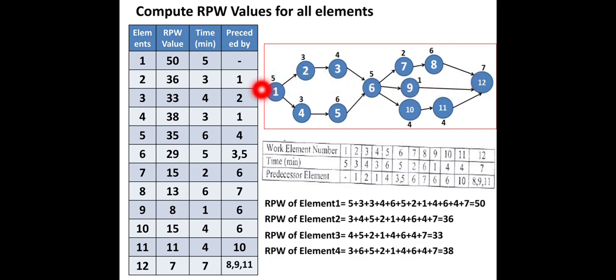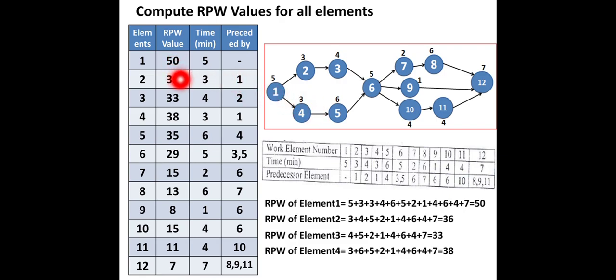So from start to end, wherever the arrow flows, all those element times have to be considered to calculate the RPW value for that particular element. Element number 1 has all these arrows to take it to 12. That's why I have written the RPW of element number 1 as 5 plus 3 plus 3 and so on, all the element times, and I got 50. That's what is written here.